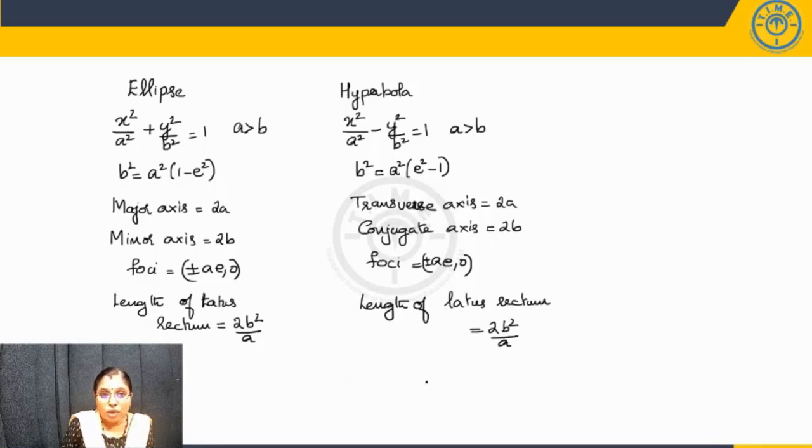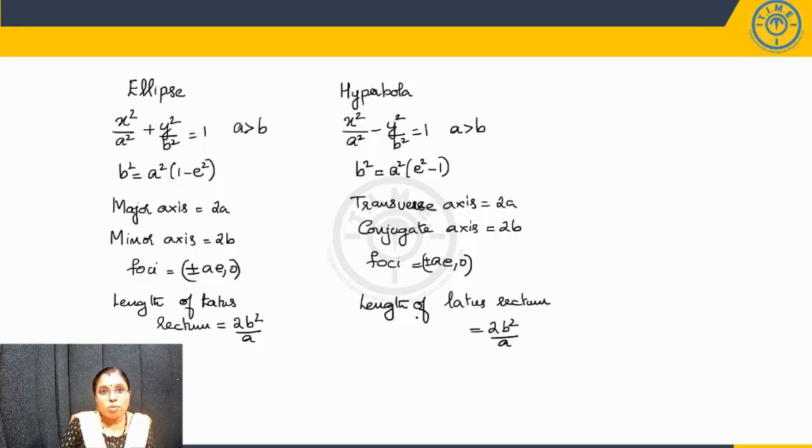So these are the basic formulas that we need to study while studying ellipse and hyperbola. Again, we have more to study, like when y is equal to mx plus c is a tangent to this hyperbola and ellipse. All those things we can see in a later stage.